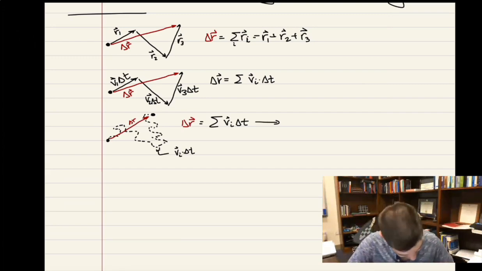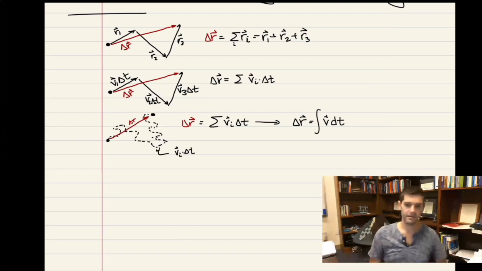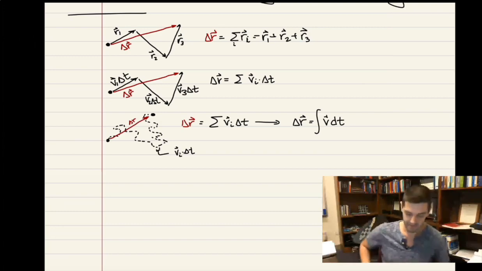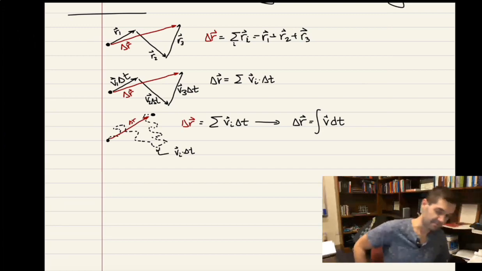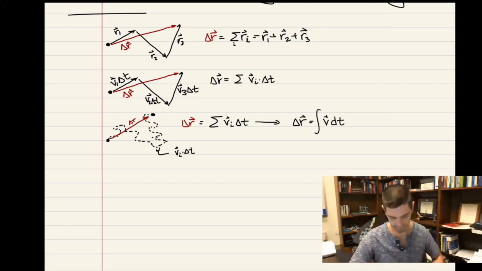Recall that we said that we can write that down then as the integral of the velocity over time. Again, the integral is just a fancy word for add up all the things. I'm adding up each little v times dt, and then there might be billions and billions or an infinite number of them. I add them all up, and that gives me my total overall displacement.